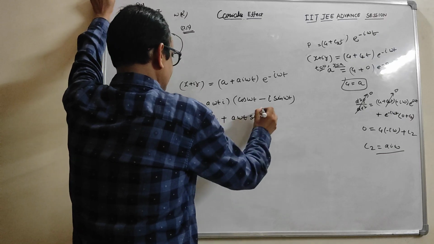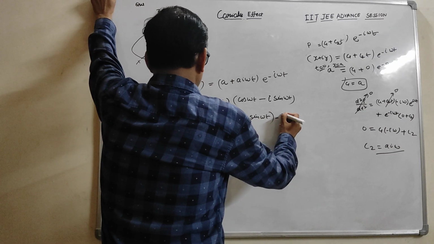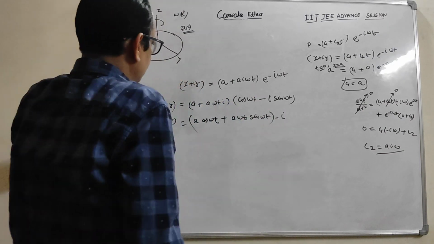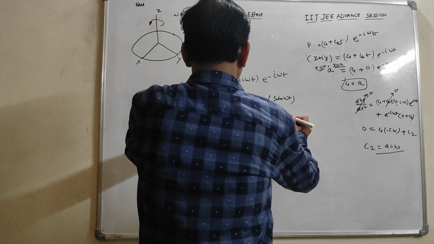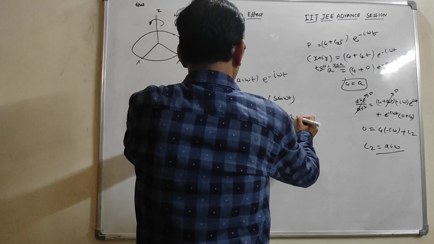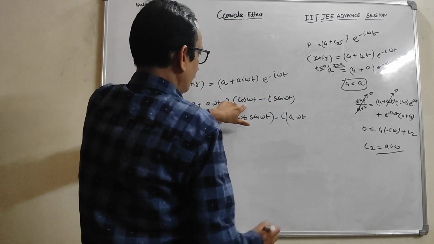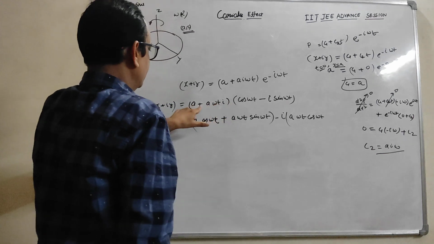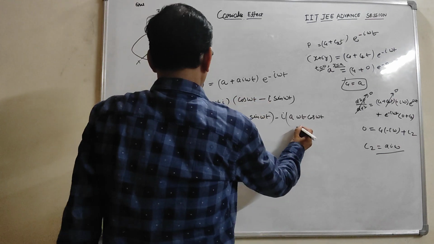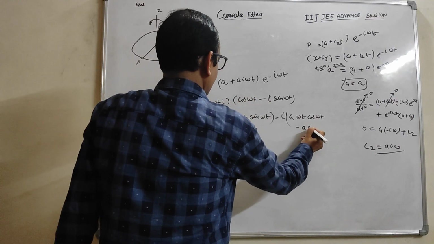This is x, and y would be iota times this term: a omega t cos omega t, and this term minus a sin omega t.